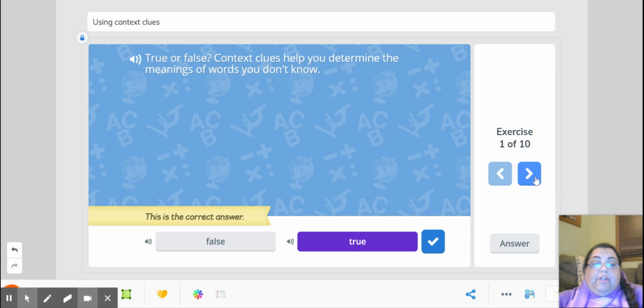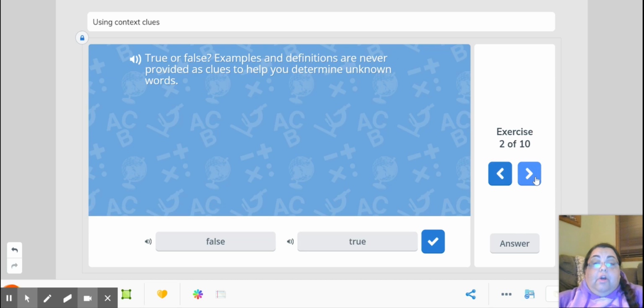Let's move on to question two. True or false? That means yes or no. Examples and definitions are never provided as clues to help you determine unknown words. True or false? Let's take 15 seconds to think about this one.